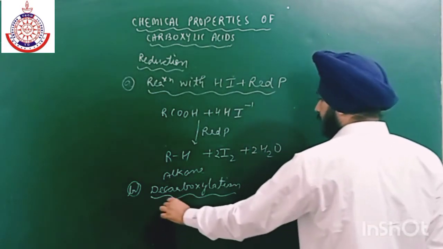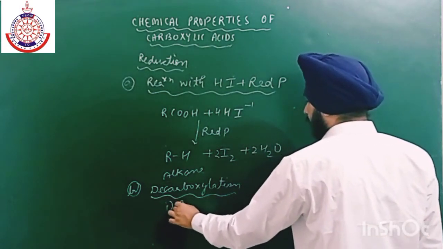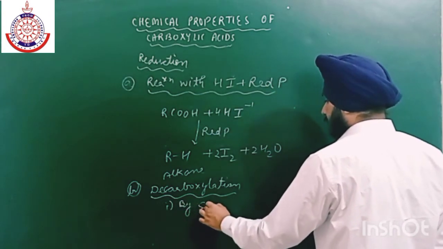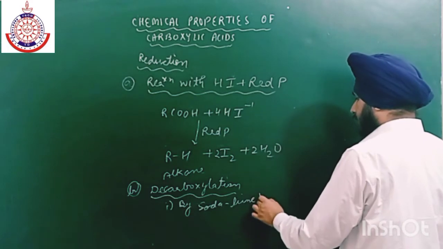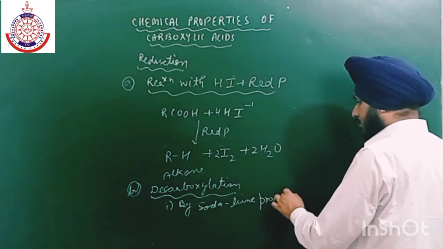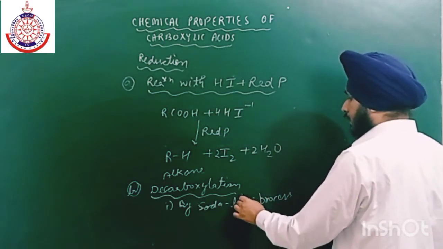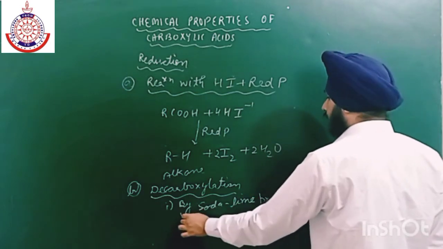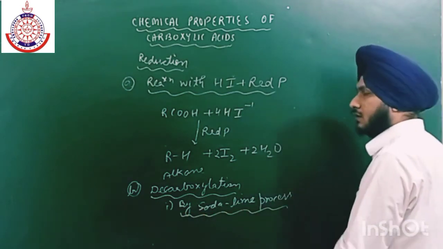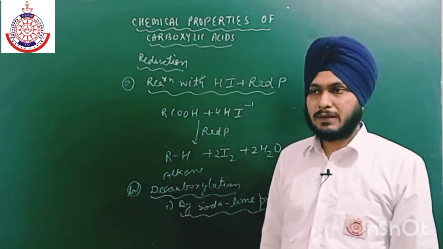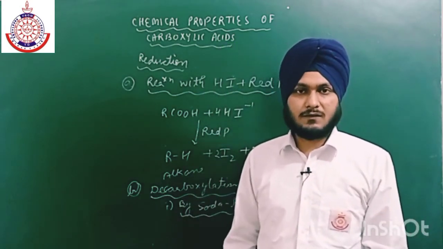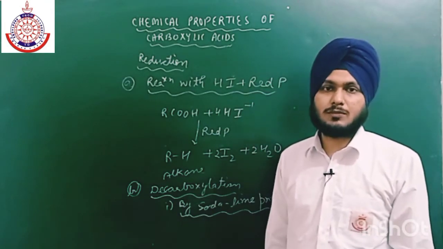So first is the soda lime process. The soda lime process is also used to convert hard water into simple water, in order to make water fit for commercial uses.